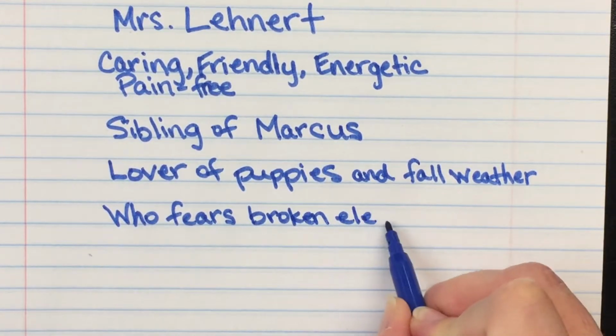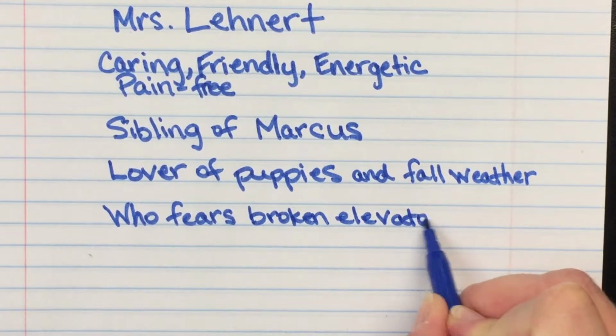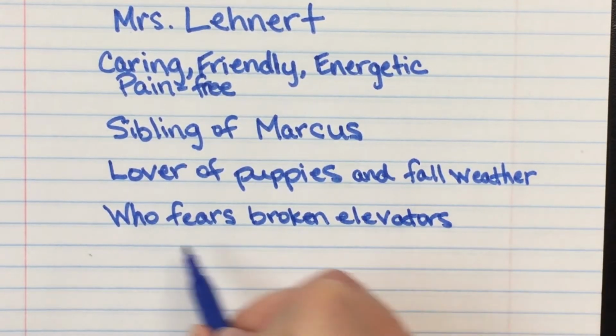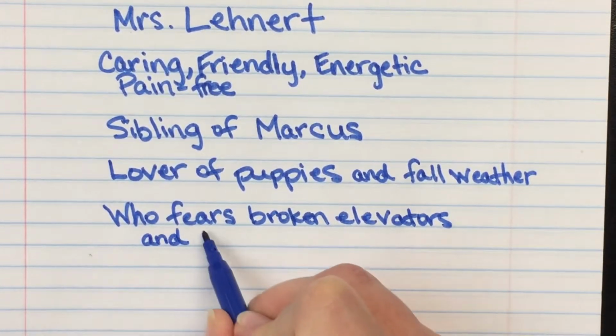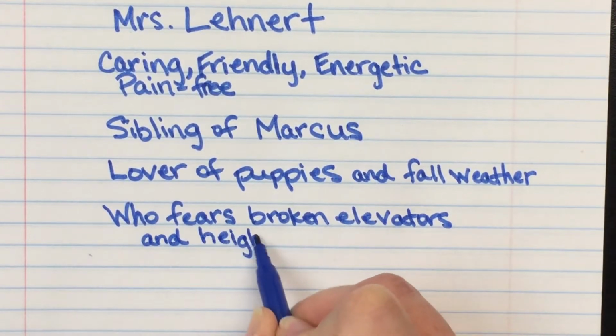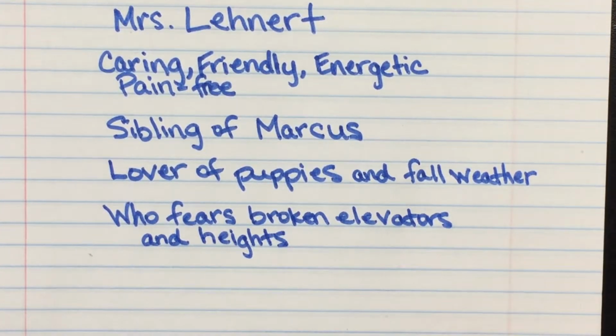So Mrs. Lehnert is a person who fears broken elevators. And the other thing I have a fear of is heights. I'm very afraid of heights. So you're going to take two different things that you are afraid of, and you're going to say who fears those things.